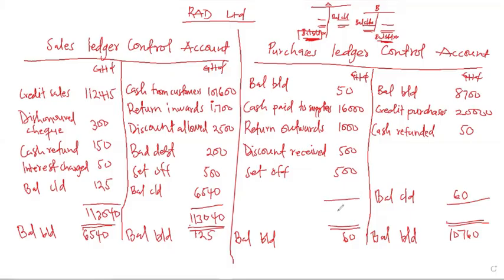When there is a balance brought down on the credit side, there will be a balance carried down on the debit side, which is 10,760. After doing this, when you sum up the debit side, it should be the same as the credit side. When you do that, you are going to get 28,810. That will be the same over.